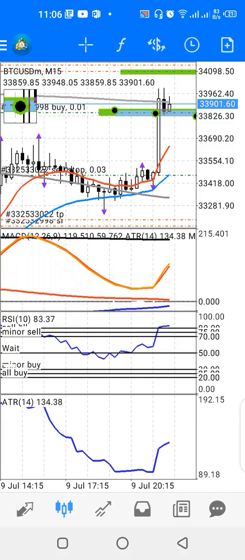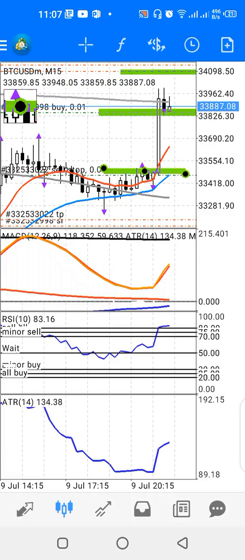Now I've placed a buy trade of 0.01 around here. I expect price to hit the take profit above, which is 250 points above this line. But if price retraces up to 380 points, then it will trigger my sell stop order.